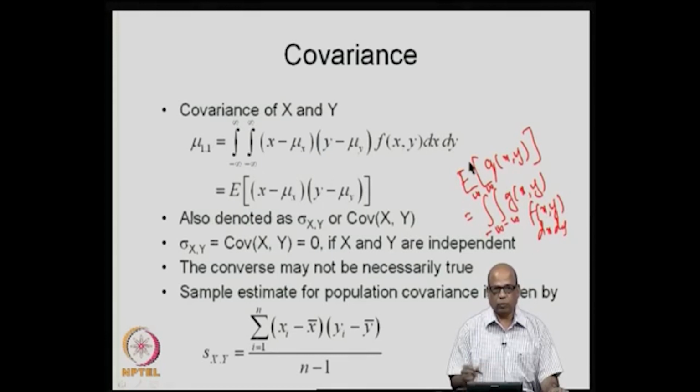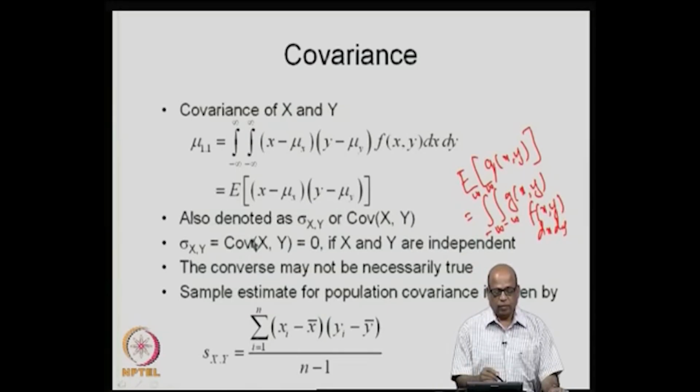Therefore, from this result, the covariance of x comma y is given by the expected value of x minus mu x into y minus mu y. The covariance is denoted as sigma x y or simply covariance of x comma y. So, this is how we denote the covariance.